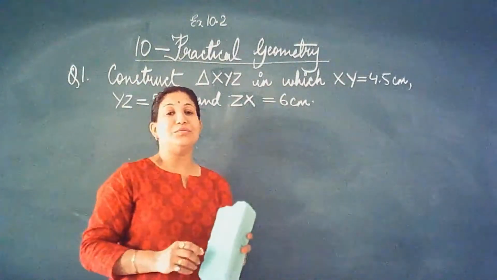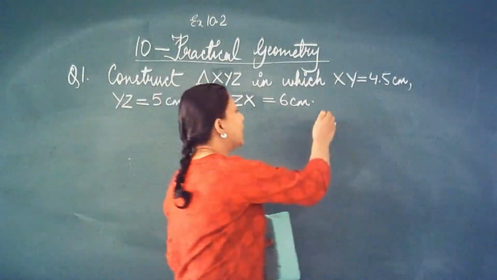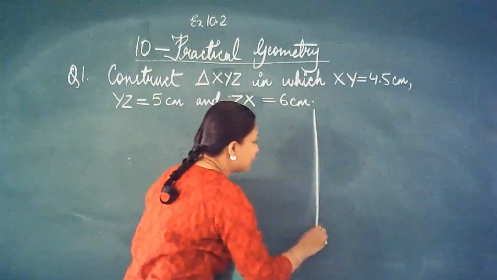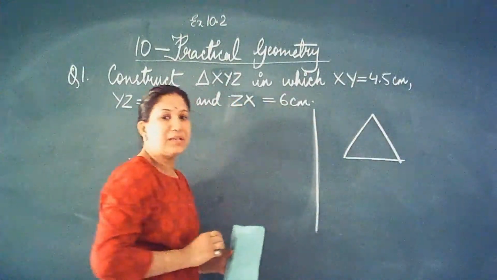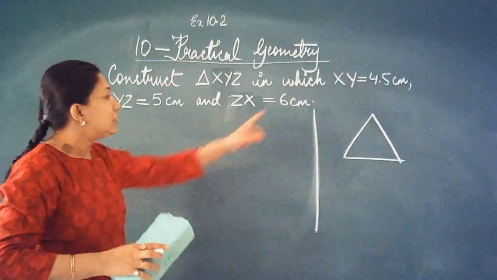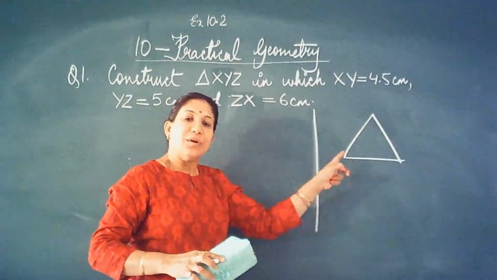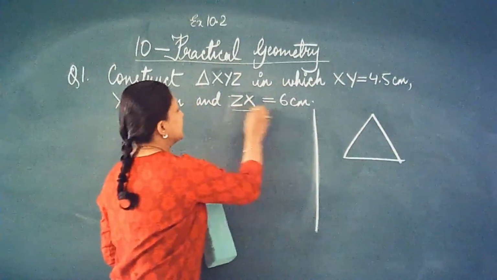As I told you, when we do the construction, we first draw a rough figure. So here I'll just draw a rough figure. We need to draw a triangle XYZ. Now three sides are given. Any one side you can take as your base of the triangle. So here I will take ZX.